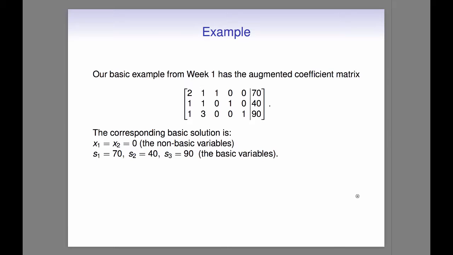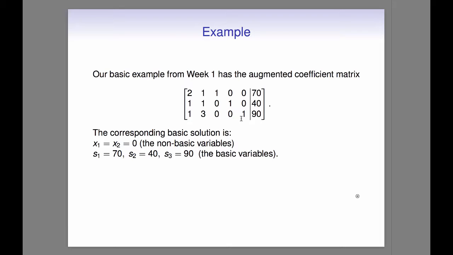Example. Let's look at the basic example from week 1. So this was a system that had 3 inequalities, and we introduced 3 slack variables, and we write the corresponding equations in matrix form. As I said just a minute ago, when we start, our slack variables are the basic variables.